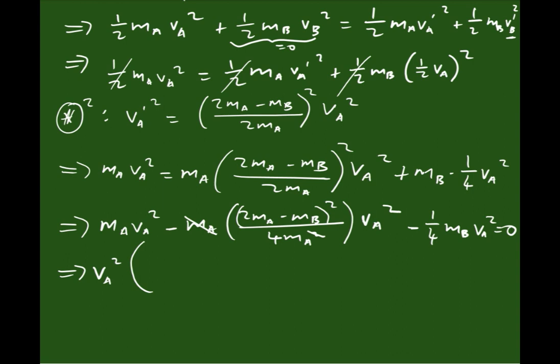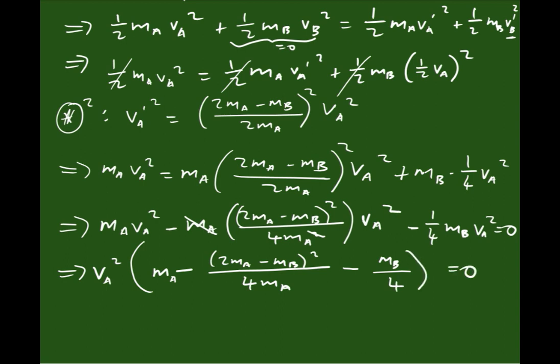and then this MA will cancel with the square over there. So we have MA minus two MA minus MB all squared over 4MA, minus MB over 4, and this is 0.